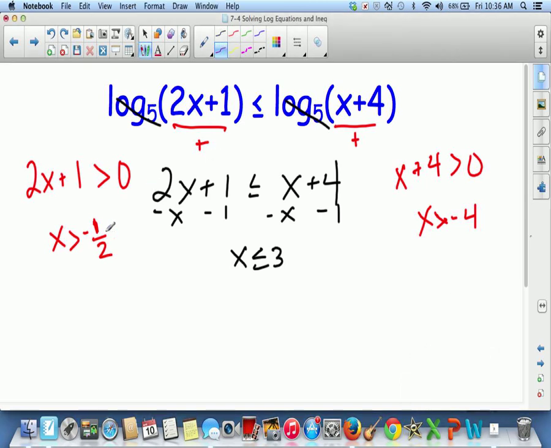So this one doesn't work. We could try 0. So does 0 work? Will we get positives? Yes. So your final answer should be written like this: x has to be greater than a -1/2, but less than or equal to 3.